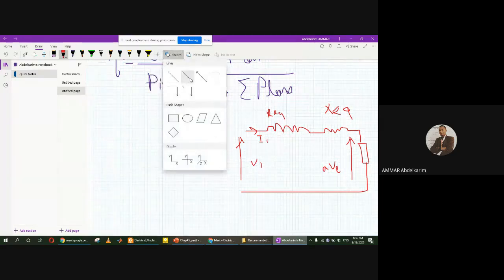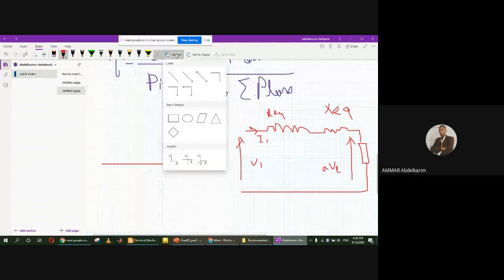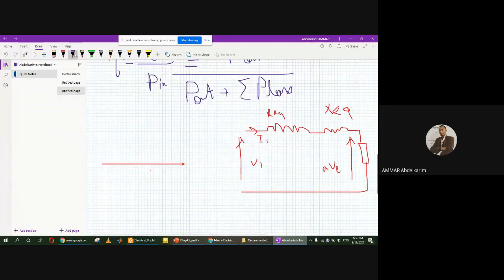For the phasor, we always choose a reference. Our reference here is the input voltage. The voltage is horizontal, so the angle of the voltage is 0, and the current is shifted by an angle theta.